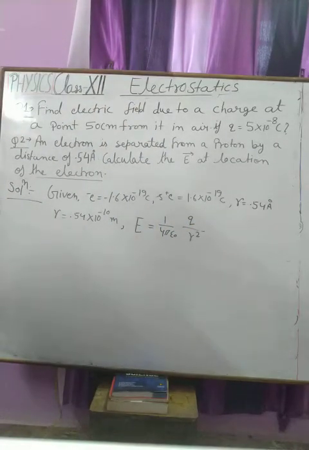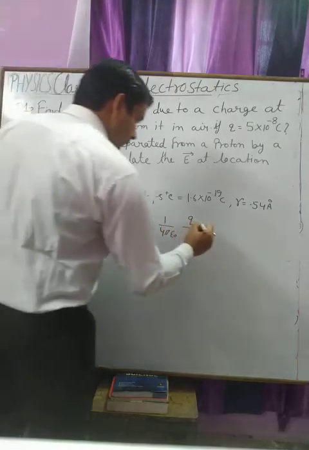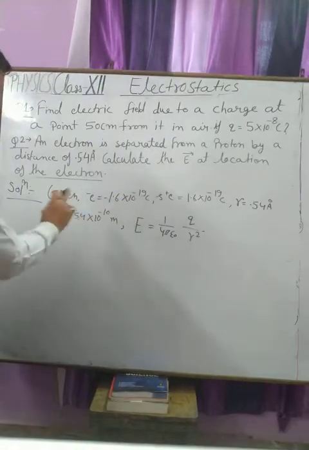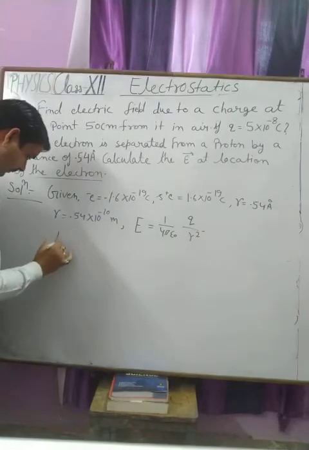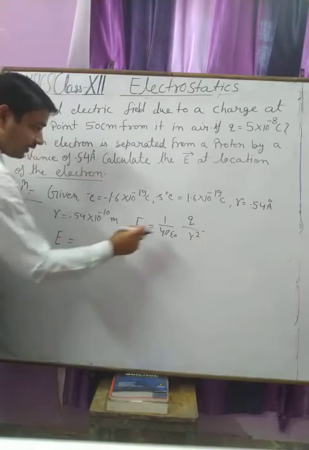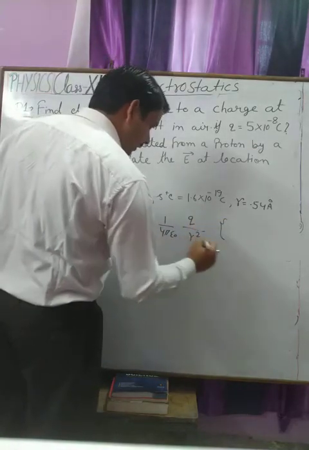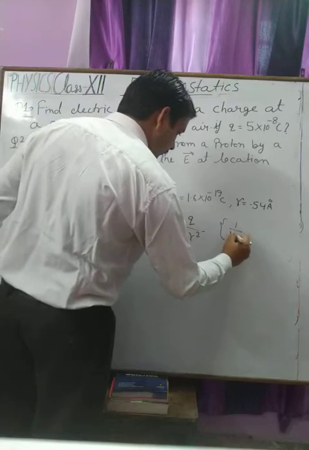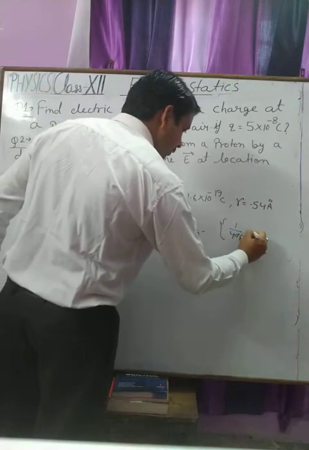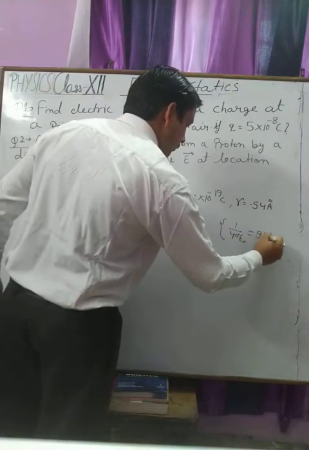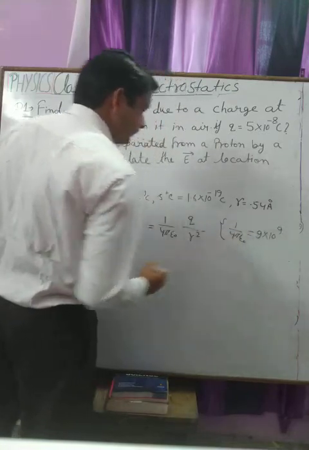Okay student, now we are resolving this value by putting the values in the formula. This value initially I am giving you, that is 1 upon 4 pi epsilon naught is equal to 9 into 10 to the power 9.